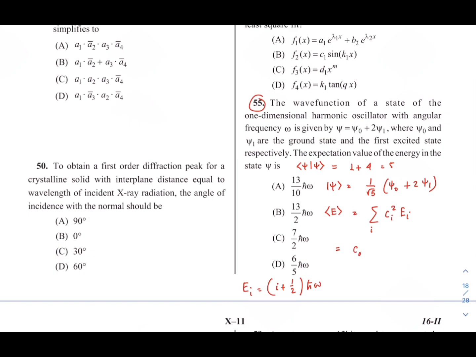This is C0 squared E0 plus C1 squared E1, and C0 squared is 1 by 5 and E naught is equal to half h bar omega, and C1 squared is 4 by 5 and E1 is 3 by 2 h bar omega. So you calculate this, this would be 1 plus 12 divided by 10 h bar omega, that is 13 by 10 h bar omega. So option A is the correct answer.